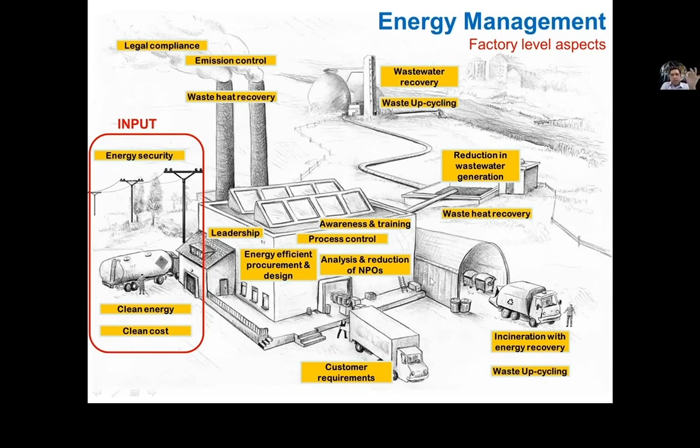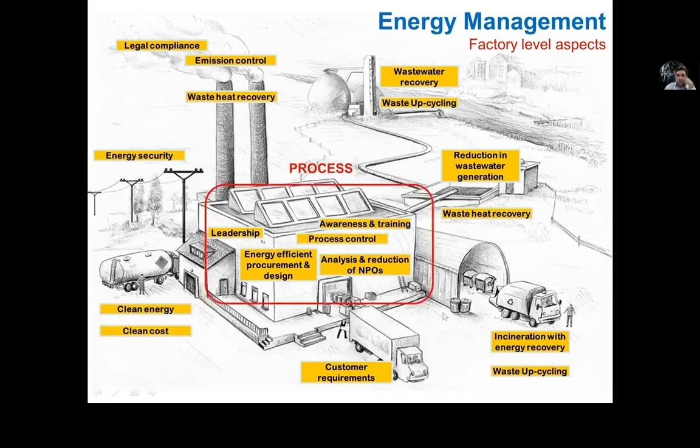For example, if we provide heat to the process, but the fabric that goes out of the factory is not hot, it does not have heat energy, that means all that energy is a non-product output. It does not end up in the product. So how do we analyze and reduce the non-product outputs? That is what is coming in the process part.